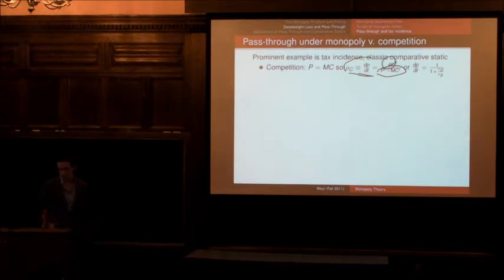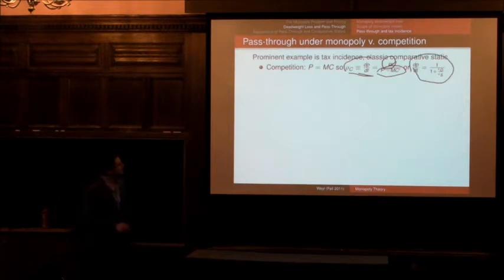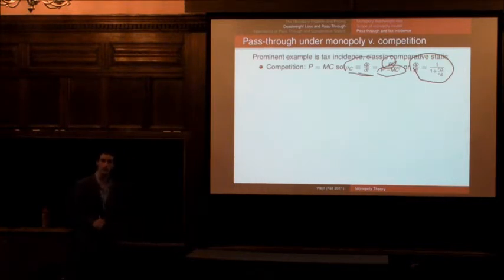And rearranging this, we get the famous incidence of tax formula, that the increase in price in response to an increase in the tax is equal to 1 over 1 plus the ratio of the elasticity of demand to the elasticity of supply.